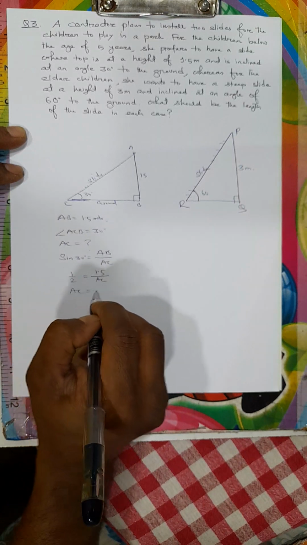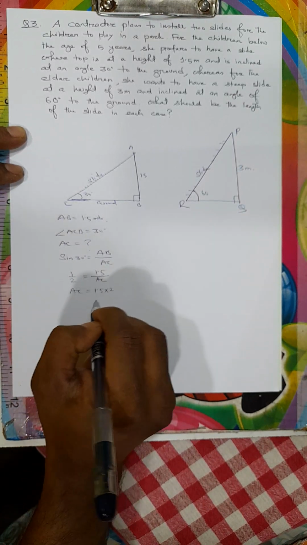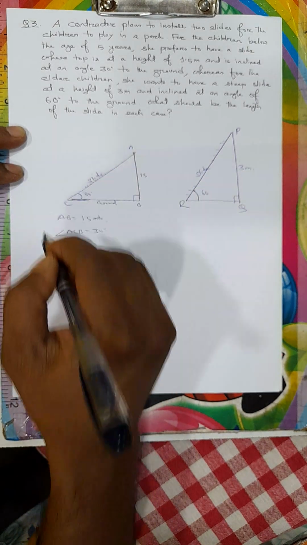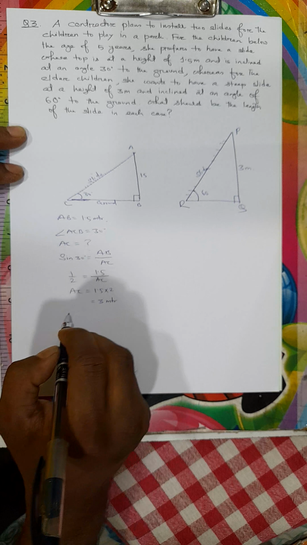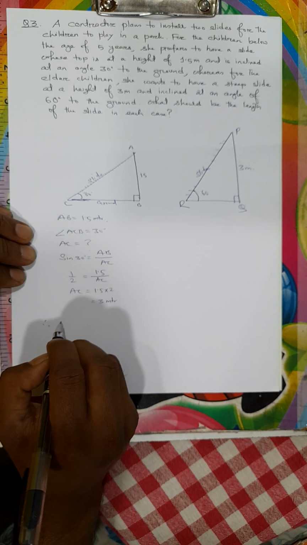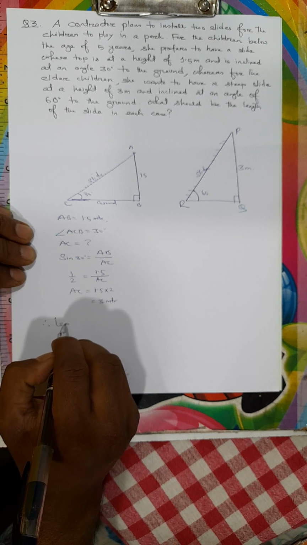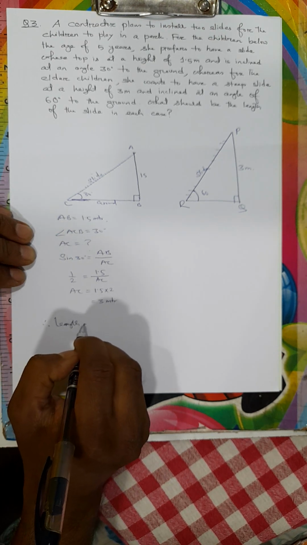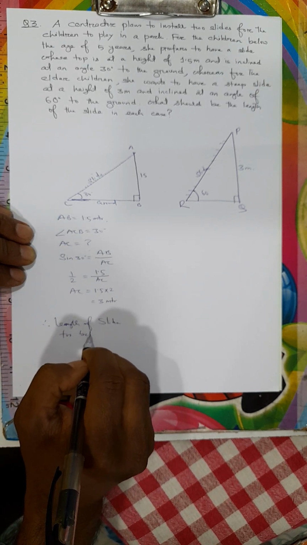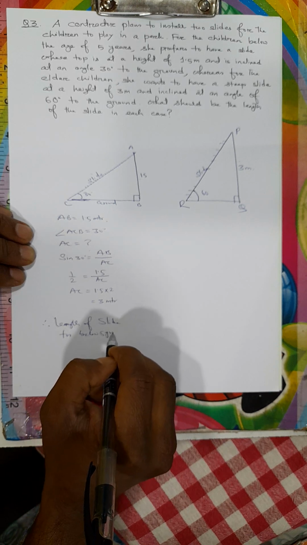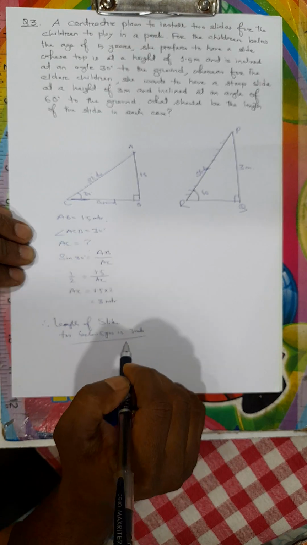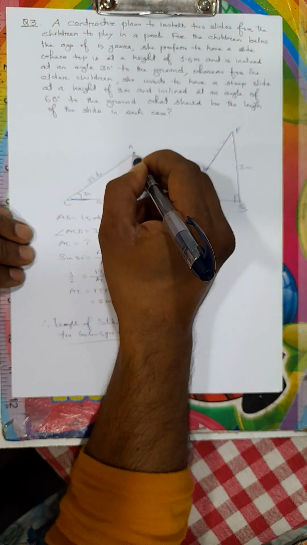So what is AC? 1.5 multiplied by 2, that is 3 meter. So this slide is 3 meter in length. Therefore, the length of the slide for below 5 years is 3 meter.